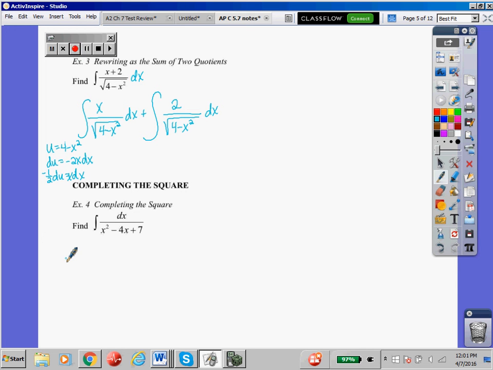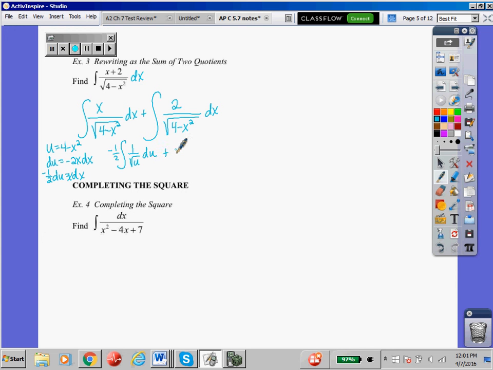So the first integral is not this arc sine, arc tangent stuff. It's just a straight u substitution. So this becomes negative 1/2 the integral of 1 over the square root of u du. And we could just do that with the power rule, okay? And we'll finish that in a moment.